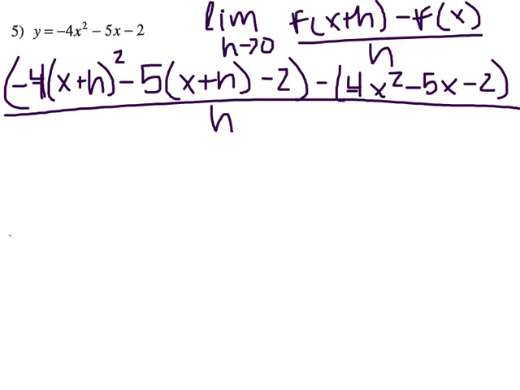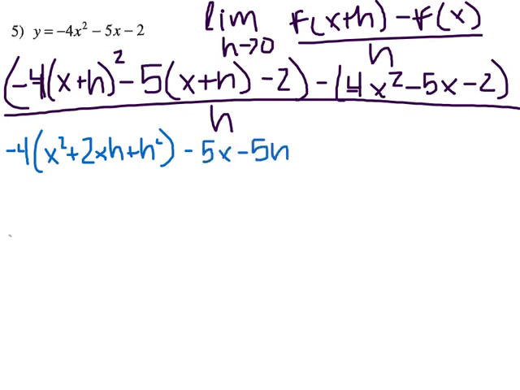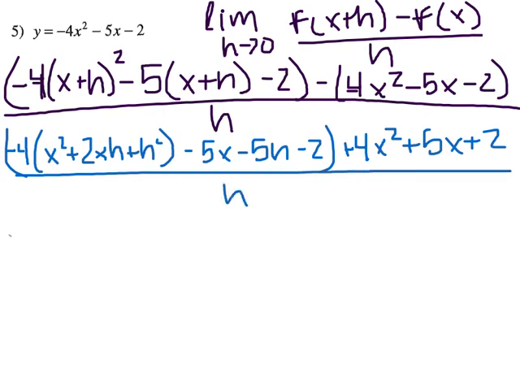Whew, we have a lot of work to do here. That's negative 4 times x squared plus 2xh plus h squared minus 5x minus 5h minus 2. And then negative will make a plus 4x squared plus 5x plus 2 all over h.